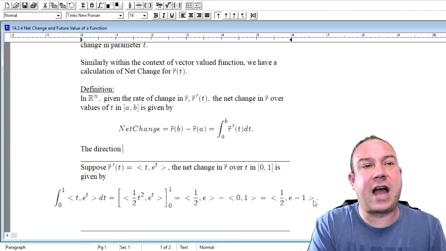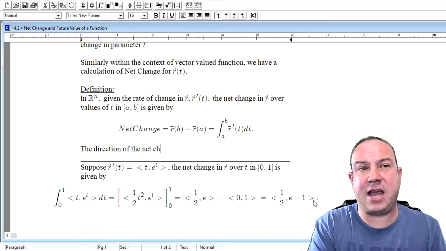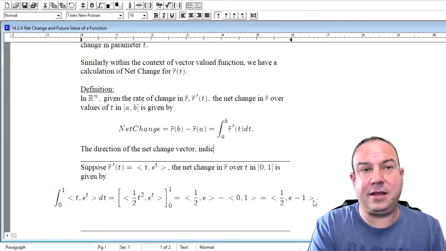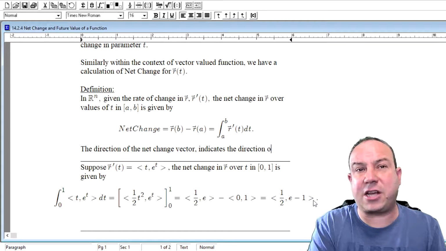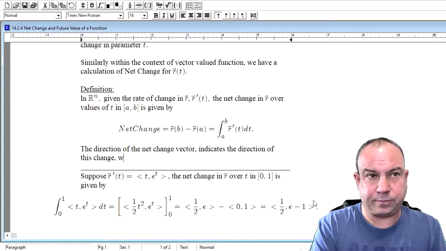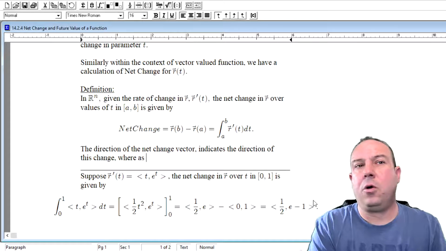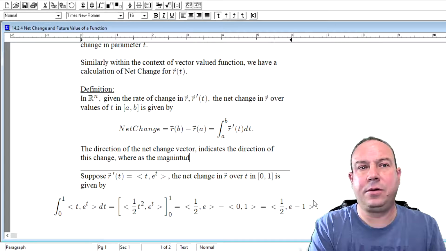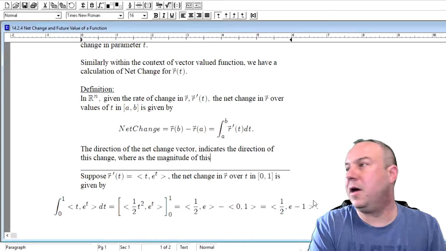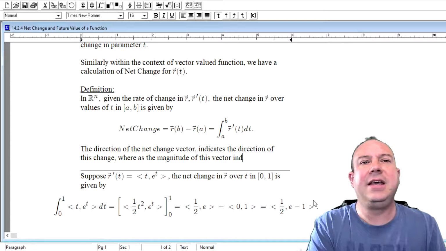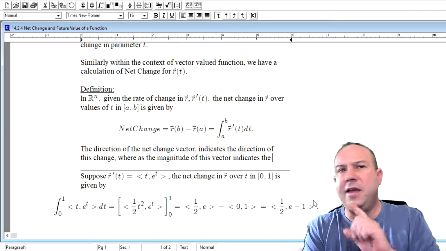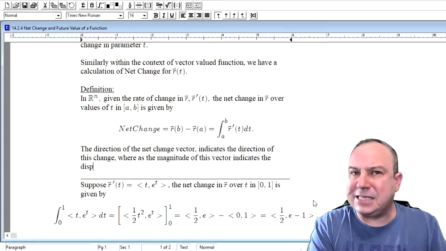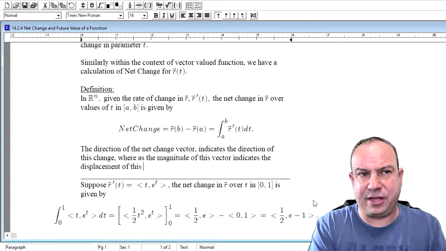The direction of the net change vector indicates the direction of this change, whereas the magnitude of this vector indicates the displacement of this change.